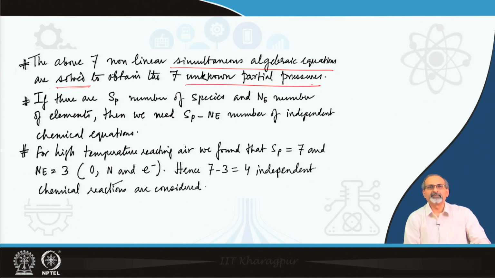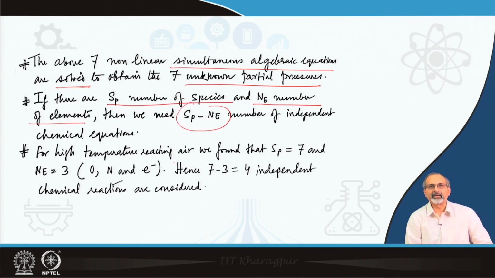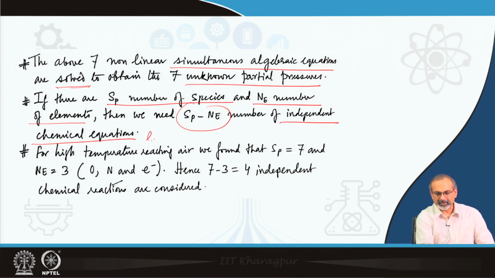Incidentally, for the system that we have considered here, we see that there are 7 of them, and if you have sp number of species and Ne number of elements, then we know that sp minus Ne independent chemical equations have to be taken for equilibrium reactions.